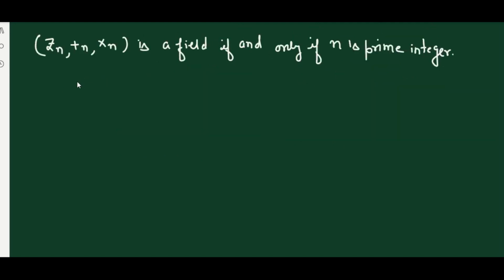Now we move to our main result of today's lecture, that Zn with respect to this addition and multiplication is a field if and only if n is a prime integer. So we prove this result both ways.